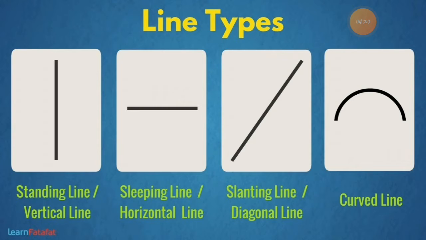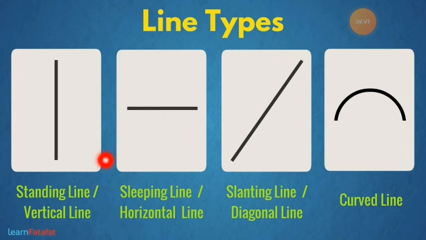Let me show you. In this given chart, line types are given with their two names. Each line has 2 names. How many names does it have? 2 names.